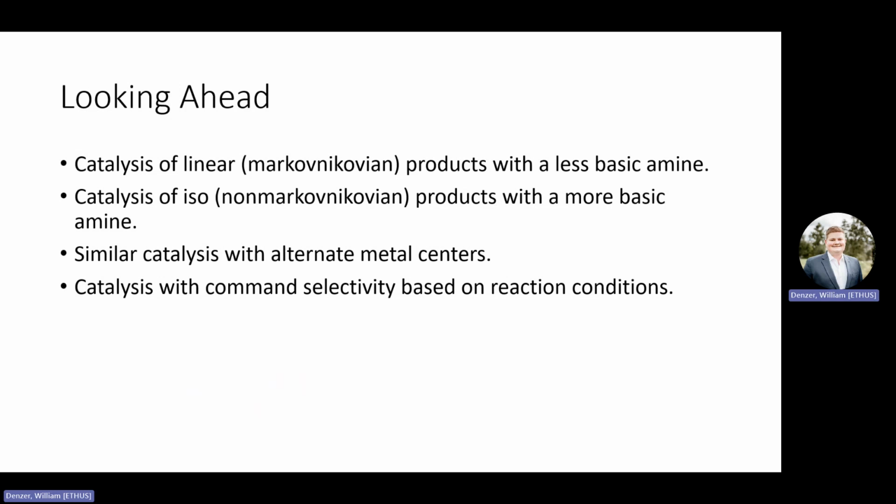Liu's team in this present research showed when using strongly basic amines, they could get iso products. Well, naturally, the first 2 things that come to mind when we're thinking about future research that can be followed up on is creating linear products with less basic amines and iso products with more basic amines.